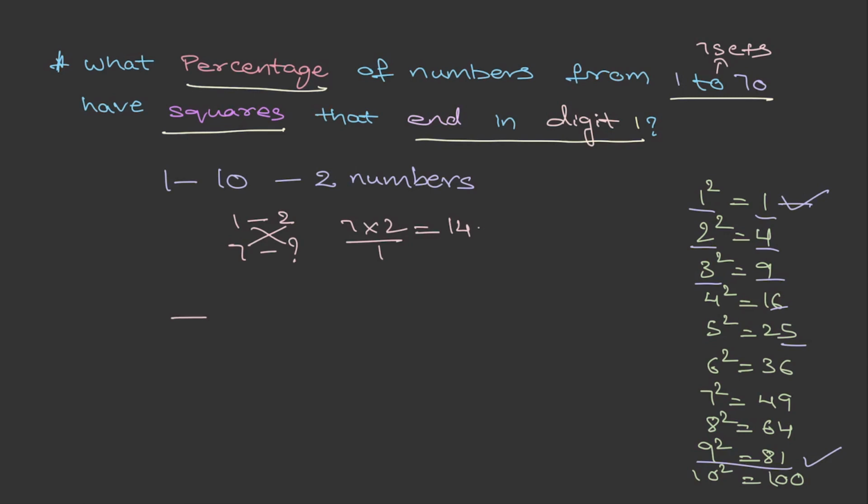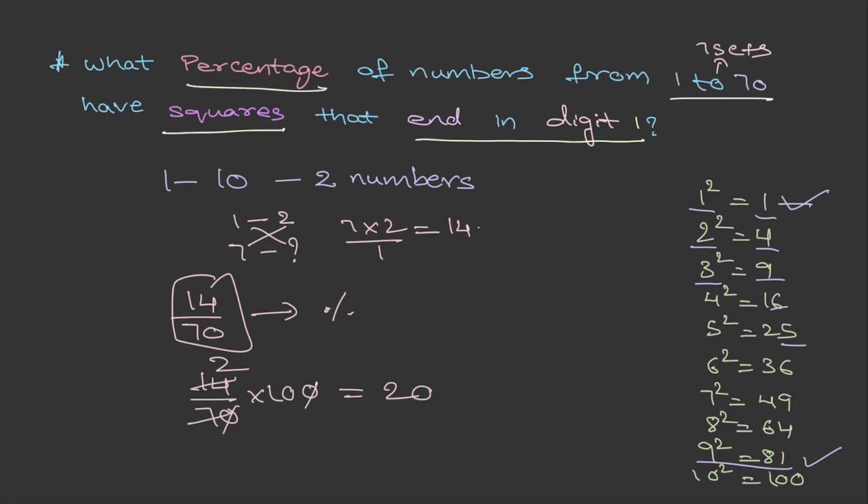So out of 70 numbers, there are 14 numbers in favor of this condition. We've got the ratio. Now we must convert this into percentage. This can be done by multiplying with 100: 14 by 70 into 100, which gives us 20%. So 20% of numbers from 1 to 70 are following this particular condition.